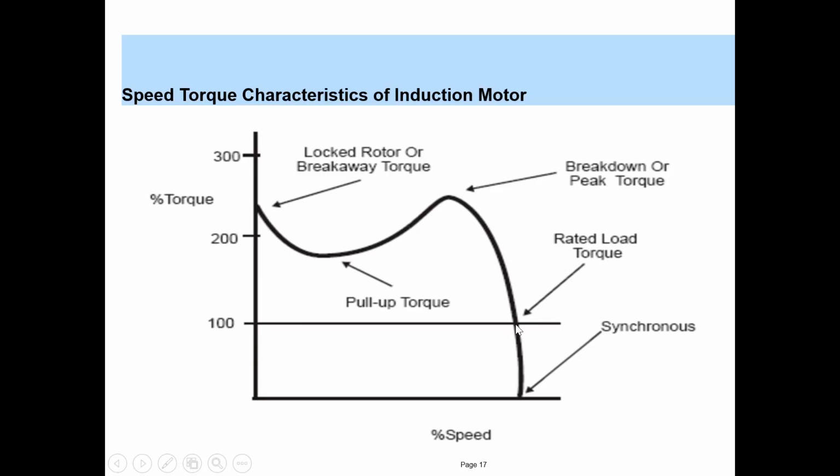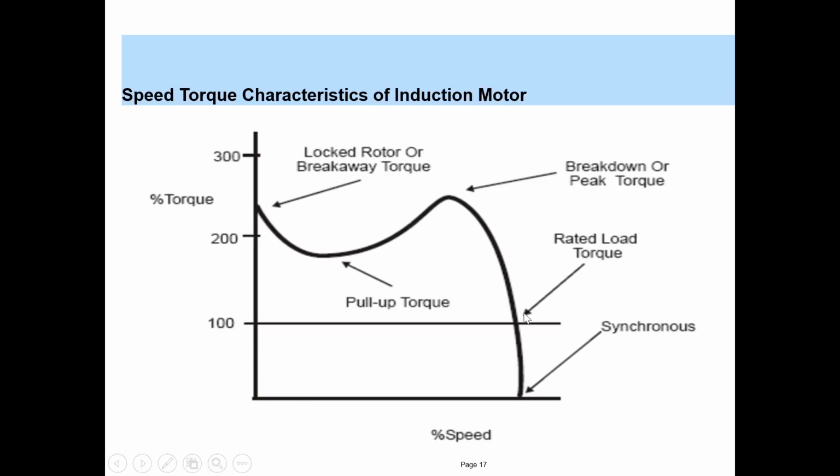What I mean is, let's say for some reason the speed gets increased. Let's say we have come to a point over here where I have kept the pointer. We see that the speed is increased, but the torque has reduced. So due to the lesser torque, the speed will come back to the operating point again, to the original point.